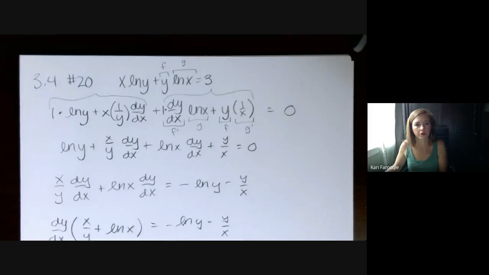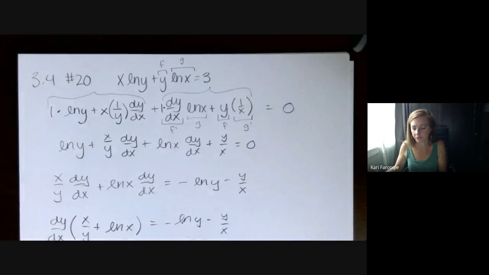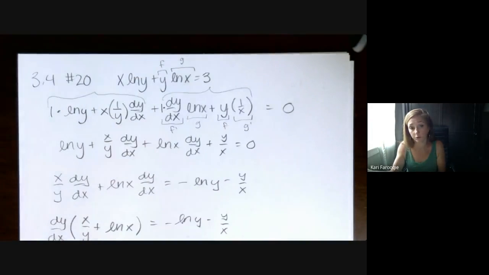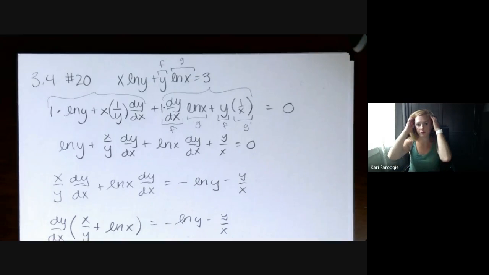Yeah, so going back to the beginning, that part where you're taking the derivative, that first thing you do, that's key. Everything's got to be there, or all the work you do after it is going to be screwed up, unfortunately. Other questions on this one? Number 8 from 3.4. Sure.